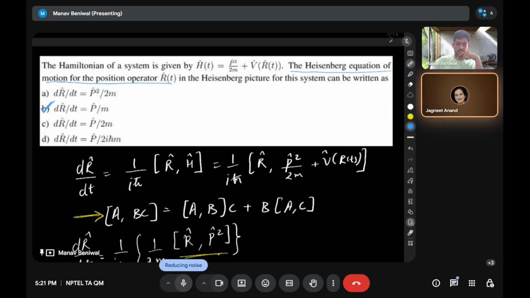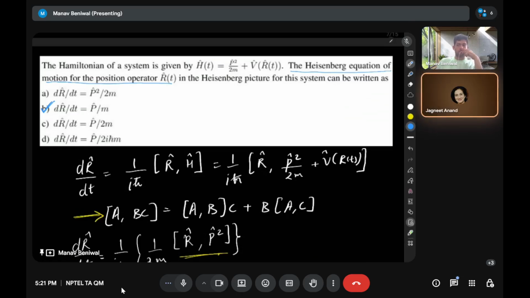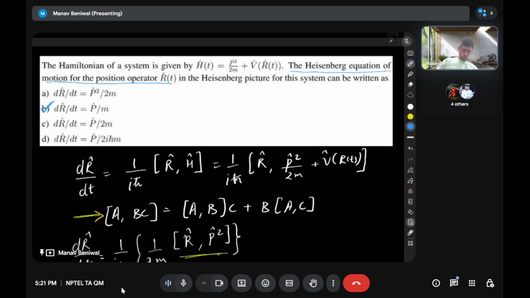One thing you started by saying is that the partial derivative of capital R with respect to t is zero. Can you explain that? So we are not given any direct time dependence of R. Anything that is coming is because of this p squared by 2m term.